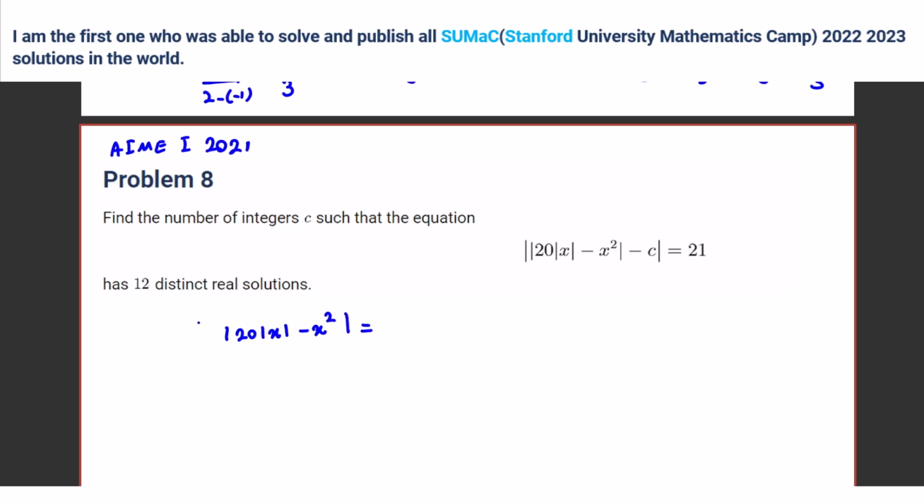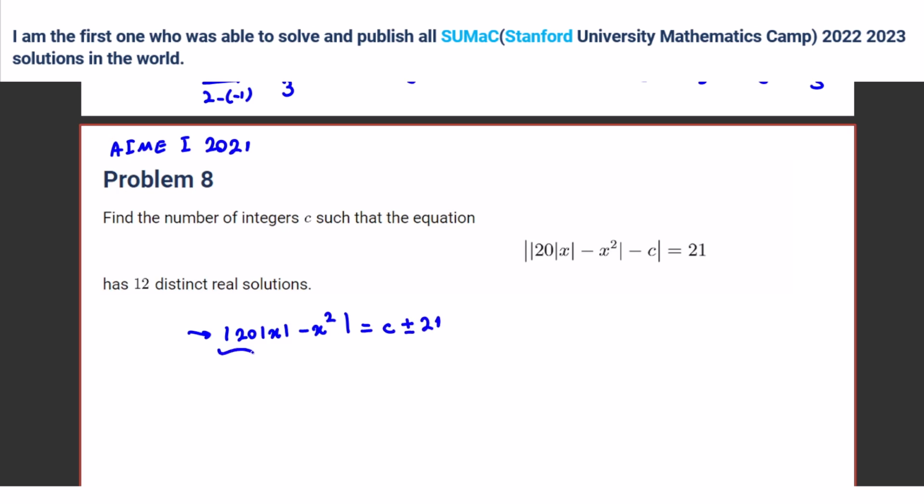From this we can conclude it is equal to negative 21 plus c or c plus 21, right? Exactly, c plus minus 21.